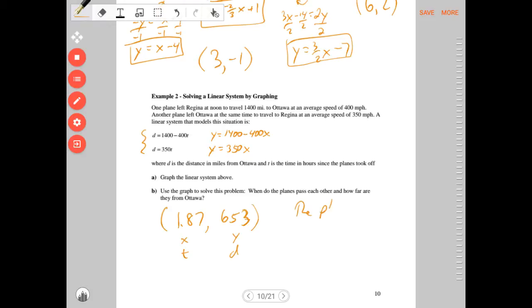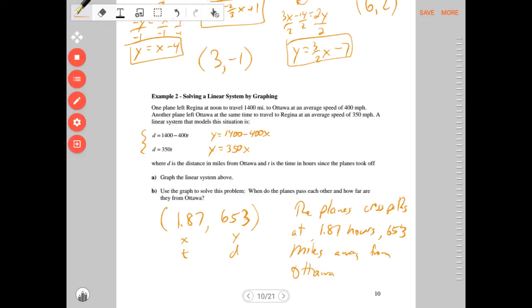The planes cross paths, not too close, of course, because we don't want to have a crash in aerospace, at 1.87 hours, 653 miles away from Ottawa. Awesome. So that's how we graph those.